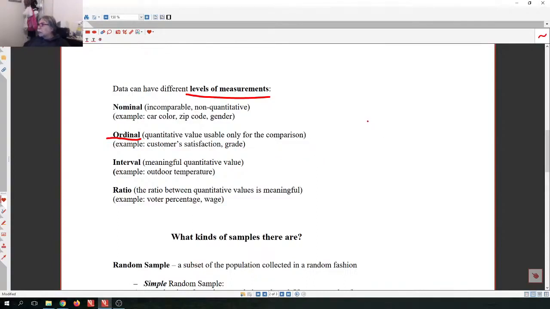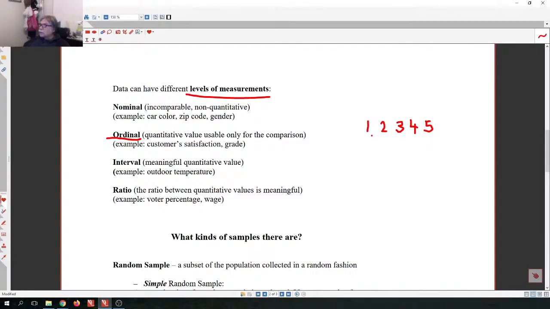So for example, in a customer satisfaction survey, you might have to select numbers in which you are going to express your satisfaction as a customer, and 1 would be a poor service, 2 would be satisfactory service, 3 would be good service, 4 would be very good service, and 5 would be excellent service.